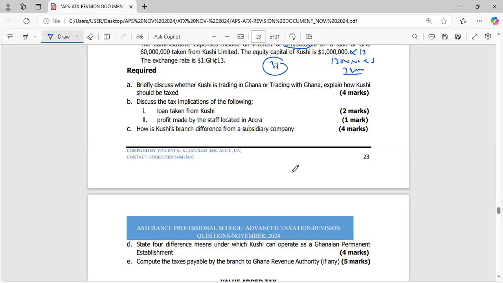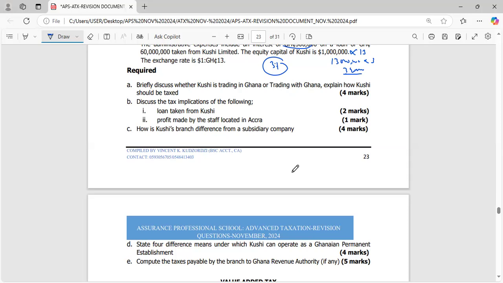If you have a place in Ghana where you are providing service, a fixed location of the business, that can be classified as a PE. A place you are rendering service, a long-term contract that will last more than 12 months, can be classified as a PE. A place of management of the business alone is even a PE. If you have an office, that's a PE. So a branch can be a PE, a subsidiary can be a PE.